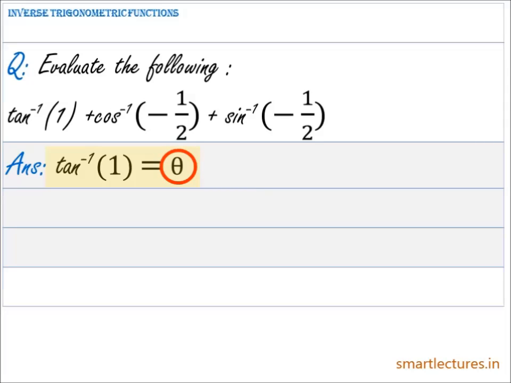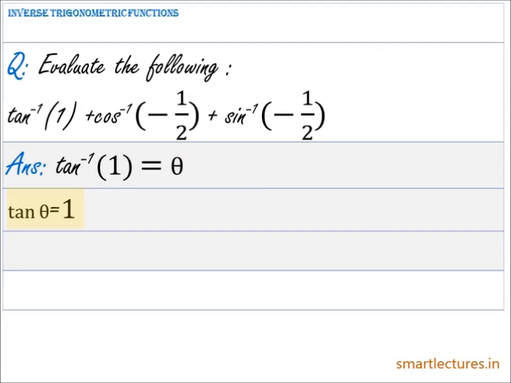Now tan inverse 1 is equal to theta, which means theta is the angle the tangent of which is equal to 1. So that means tan theta is equal to 1. Now for which angle the tangent is equal to 1?